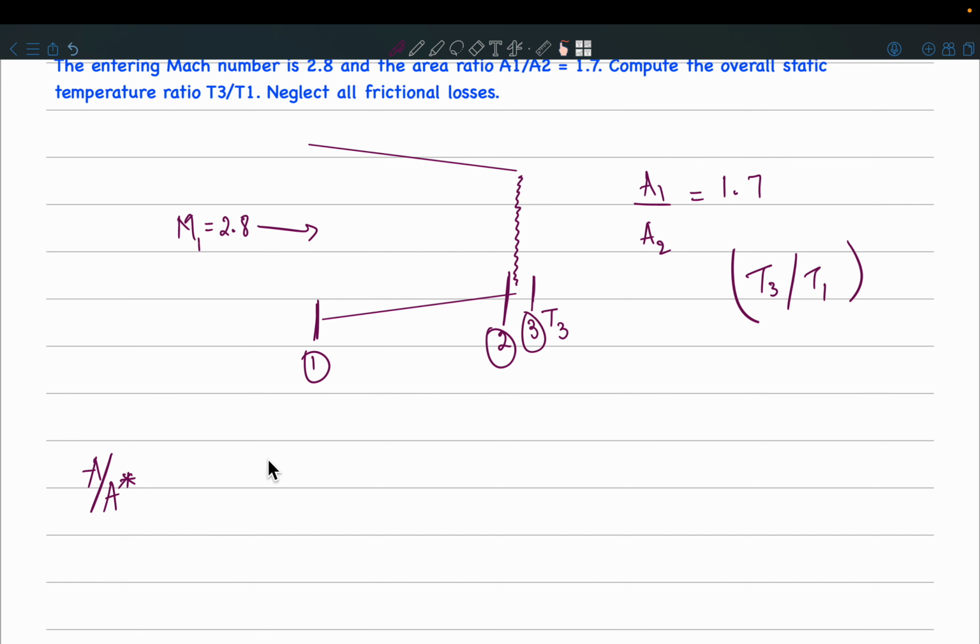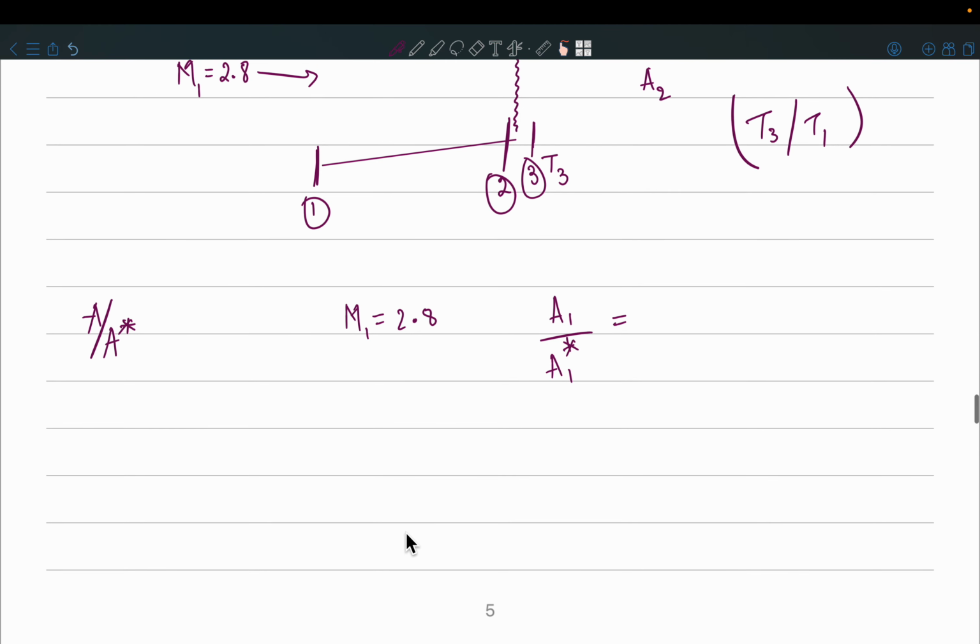Yeah. And we know M1. So if I know M1, is 2.8. Can you tell me what is A1 by A star? A1 star? Yeah. Check the table. Air, oxygen, but I think just check for air.